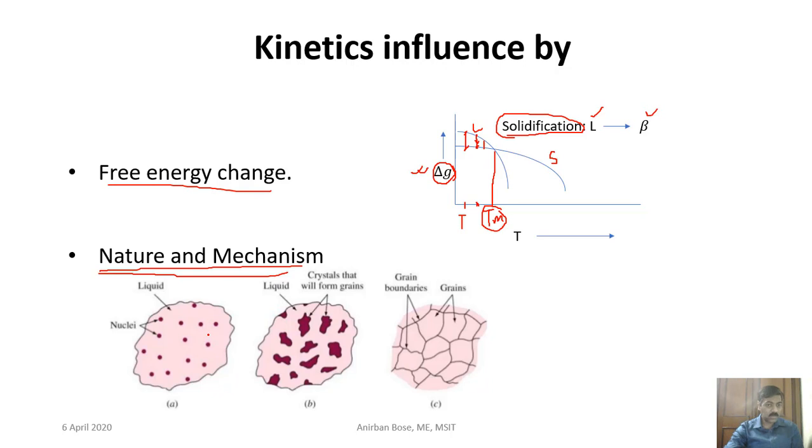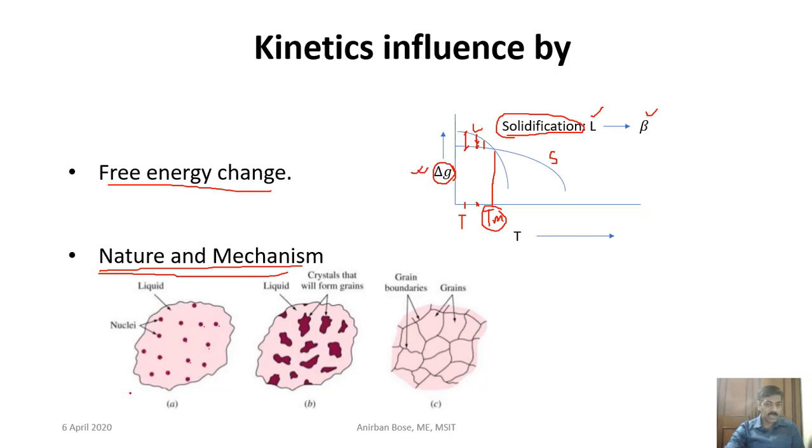Now if we look closely at that solidification process with time, initially in some portions you will find that small solid particles will form. Okay, and these solid particles will gradually grow, and after reaching a critical amount they will further grow, and ultimately a polycrystalline solid will form.